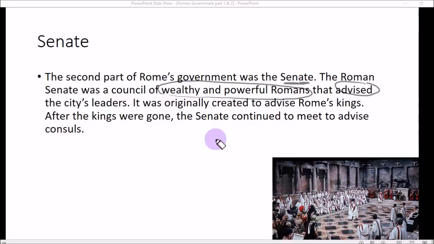Tell them what they think and what they think the leader should do. The Senate first came out with the kings to advise the kings, but after the kings were gone, they just kind of continued. The Senate stayed intact. And although councils and leaders, powerful leaders, would come and go, the senators served for life, so they would stay there for quite a while.